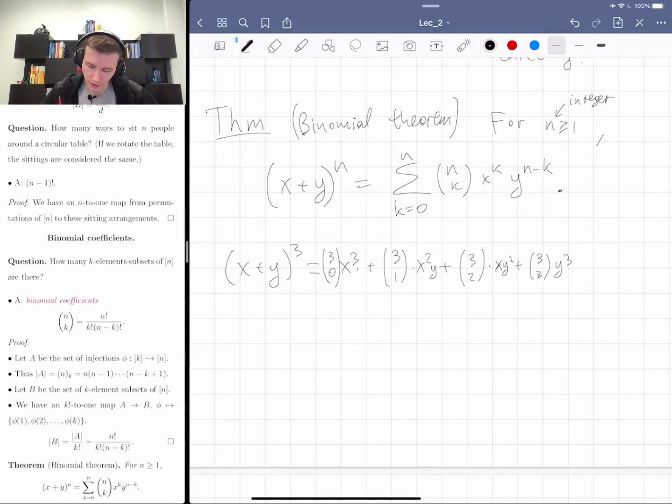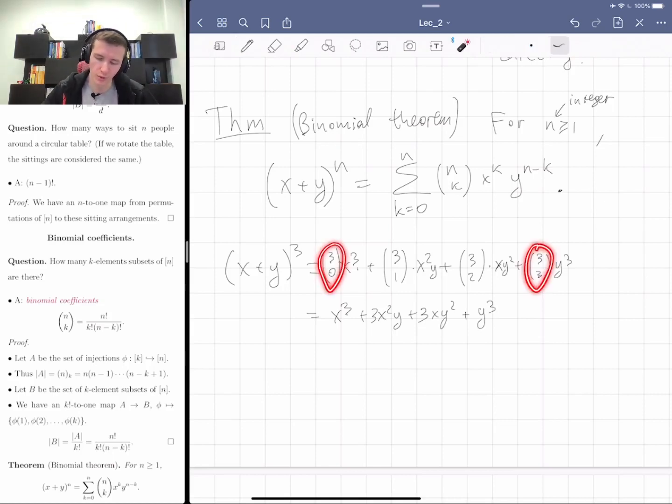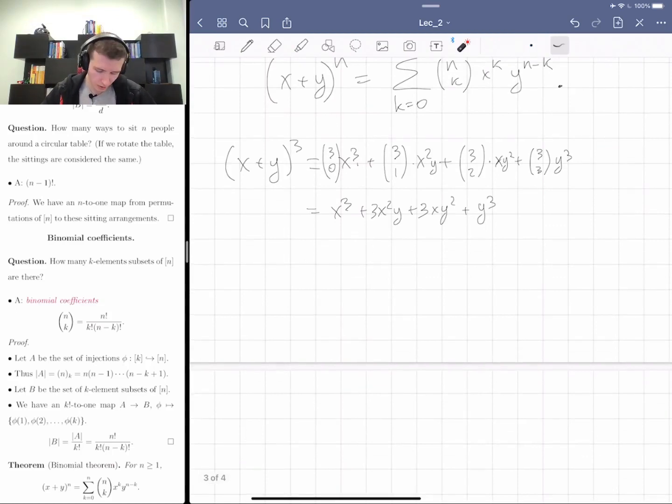If you compute these binomial coefficients, you get x cubed plus 3x squared y plus 3xy squared plus y cubed, because n choose 0 and n choose n are always equal to 1. There's a unique 0-element set, and a unique n-element subset of bracket n.